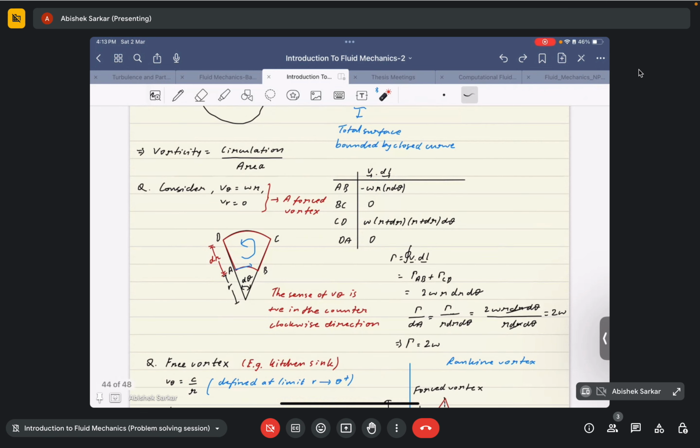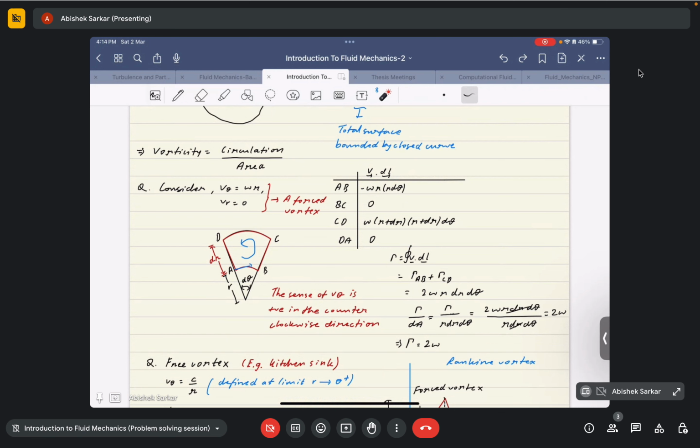Okay, so let us consider this small example. Here it is given that the velocity components are v theta equal to omega r and vr equal to 0. So it basically tells us that the angular velocity component is omega r and the radial velocity component is 0.